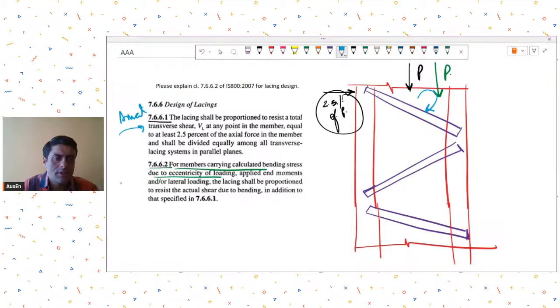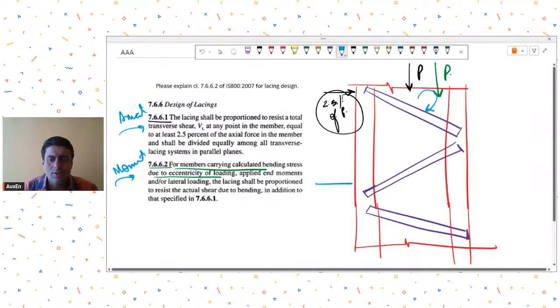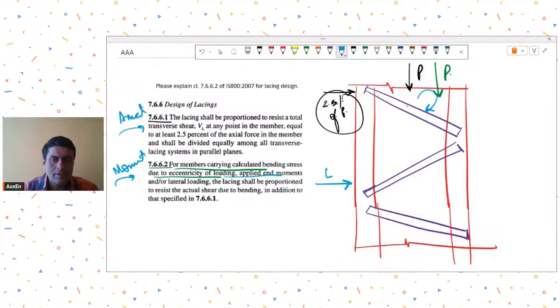Now it is subjected to some movements, or there is some actual lateral load or applied end movements. In that case this 2.5% is not valid. Then you have to design for the actual shear due to bending. This is what they are trying to tell you over here.